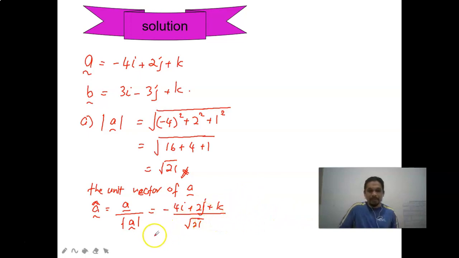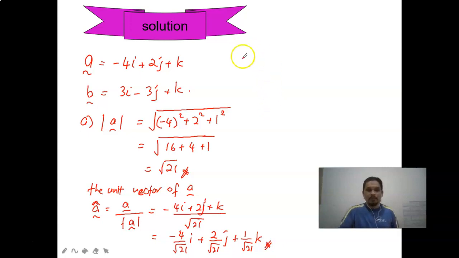Then we list down one by one: negative 4 divided by square root of 21 i, plus 2 divided by square root of 21 j, plus 1 over square root of 21 k.